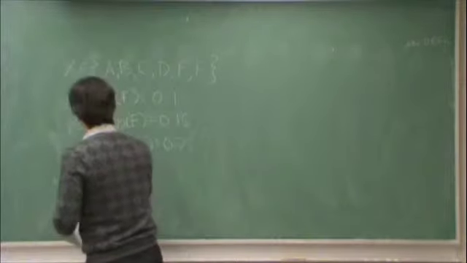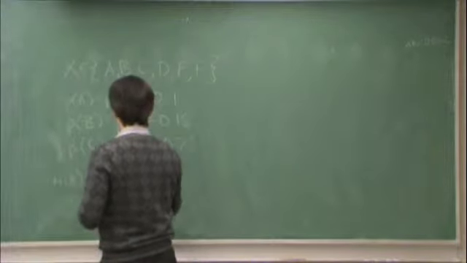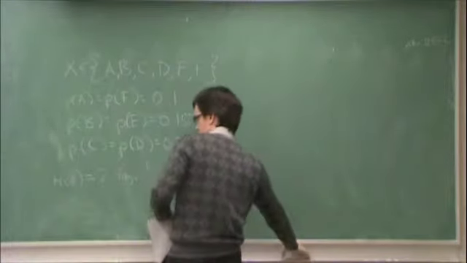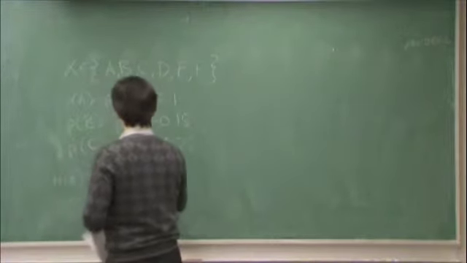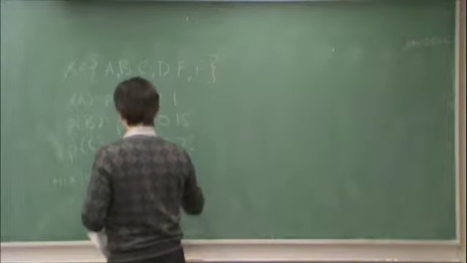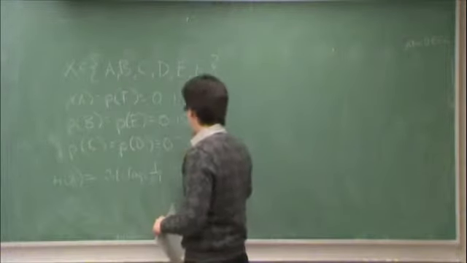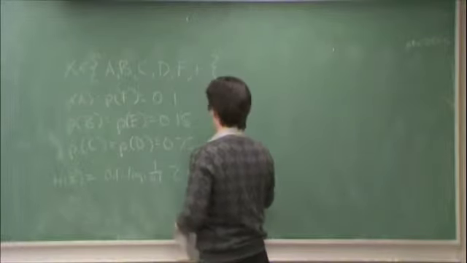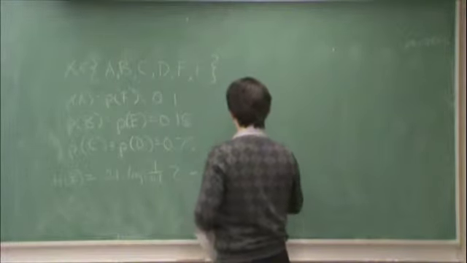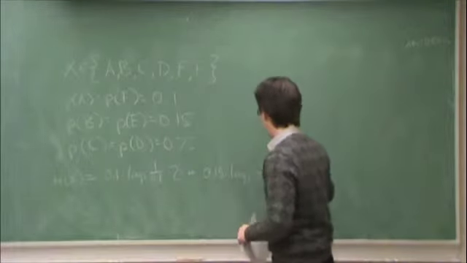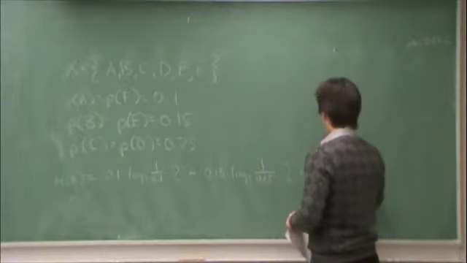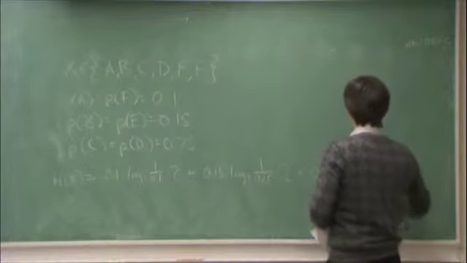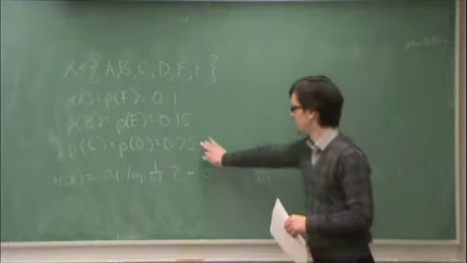So I have 2 times 0.1 times log 2 of 1 over 0.1, plus 2 times 0.15 times log 2 of 1 over 0.15, plus 2 times 0.25 times log 2 of 1 over 0.25.